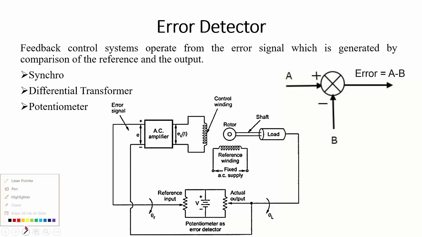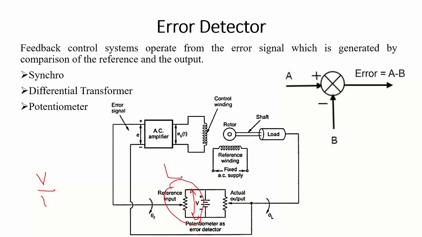If we talk about the potential gradient between the 2 points, since you are providing a resistance between the 2 points, let's say the length of this reference resistance is L. The voltage gradient across the resistor will be the voltage supply divided by the length of the resistor.